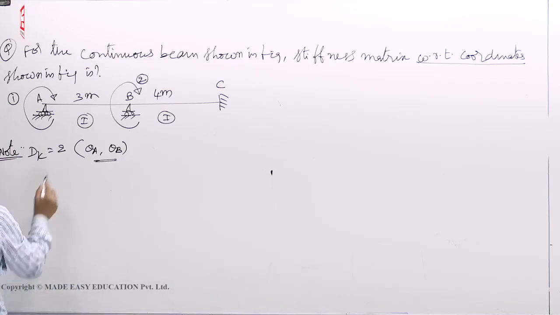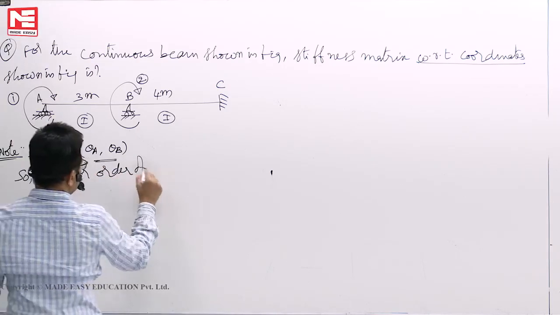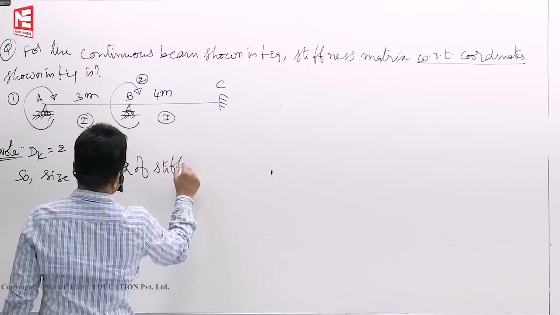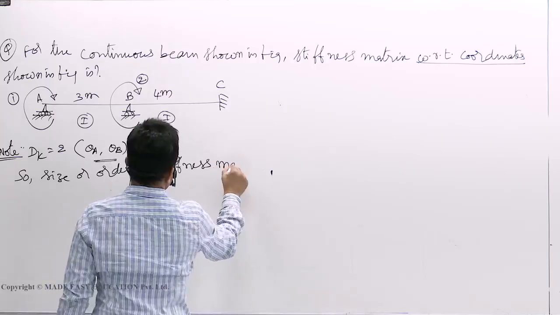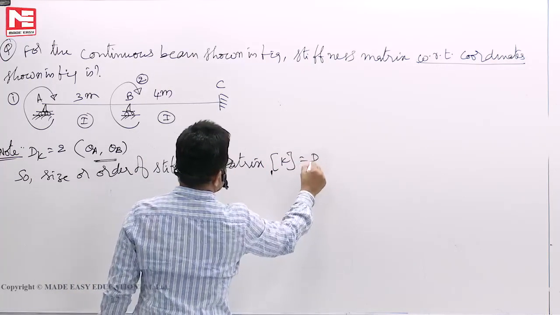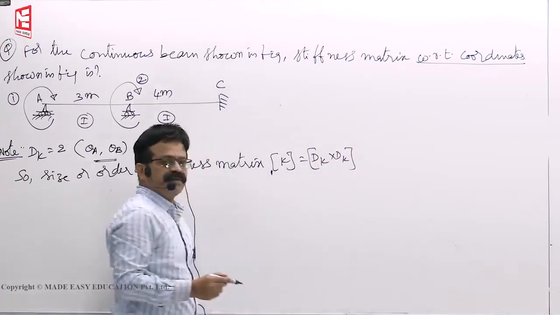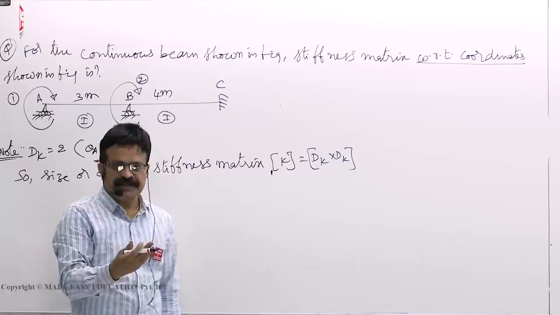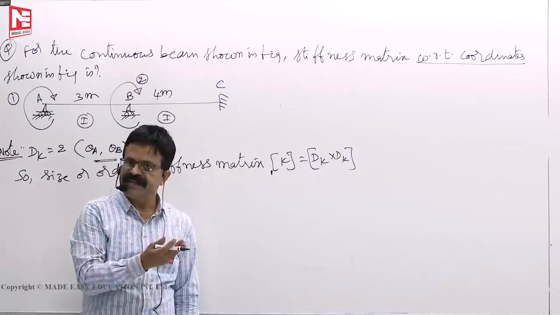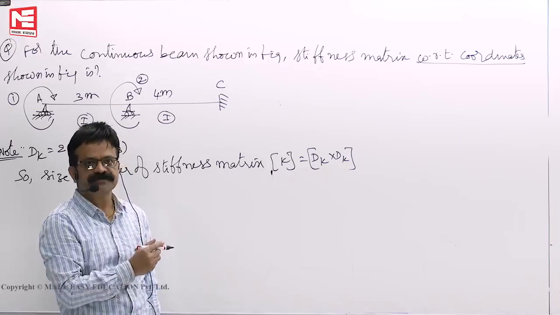So the size or order of stiffness matrix K is nothing but dk by dk. That means if the number of possible displacements is 10, say, that means dk is 10, then the size of the stiffness matrix is 10 by 10.